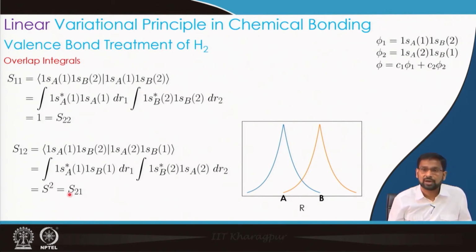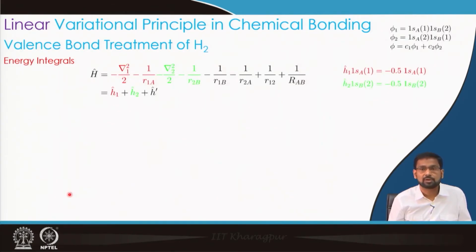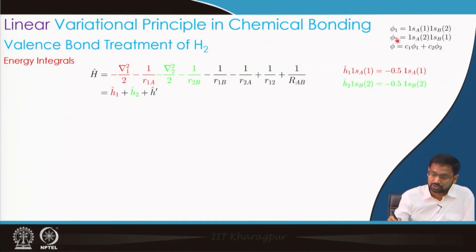Now, after we have looked at the overlap integrals, let us look at the energy integrals. Just to remind you, this is my trial function which depends on phi 1 and phi 2. To evaluate the energy integrals, we first look at the Hamiltonian of the system. In this Hamiltonian, I have already discarded the nuclear kinetic energy, because within Born-Oppenheimer approximation that is simply 0.